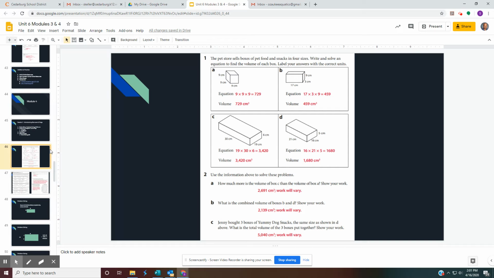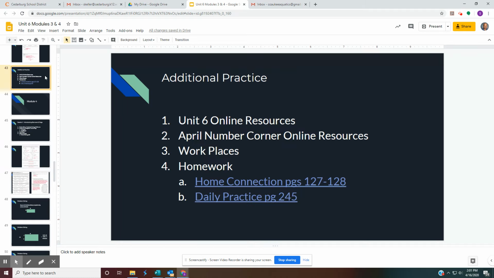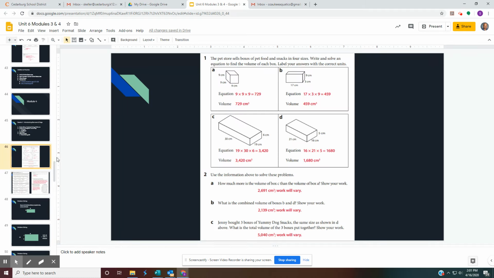All right, but before we start, let's go ahead and take a look at our homework or the things that we did for last session. This, I believe, is page 245 in our student book. Pause the video, look at your answers, compare, and make changes.